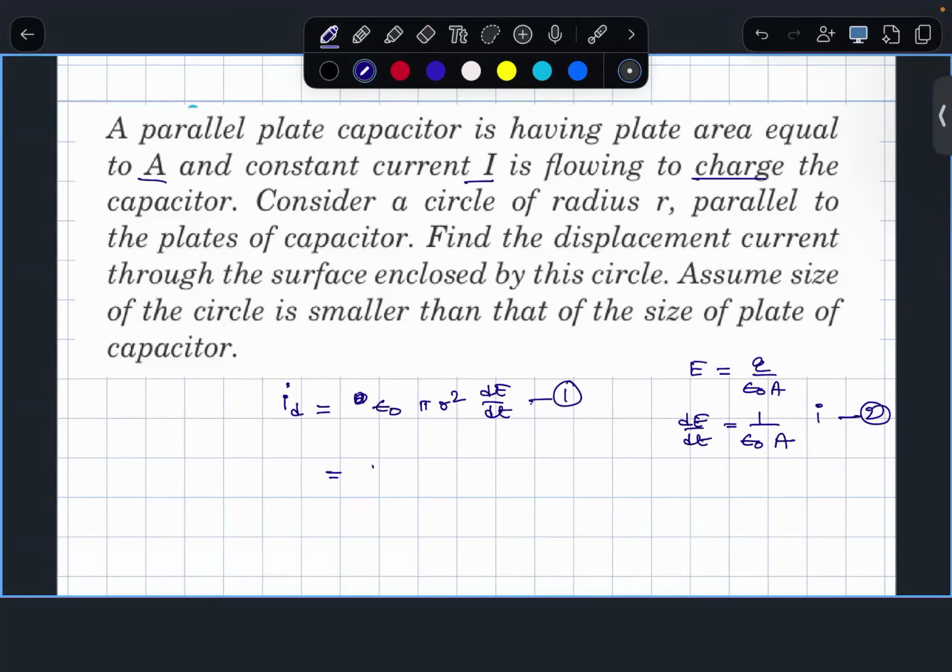So therefore, this epsilon naught pi r square dE by dt means 1 by epsilon naught A I. The displacement current is pi small r square by A times I.